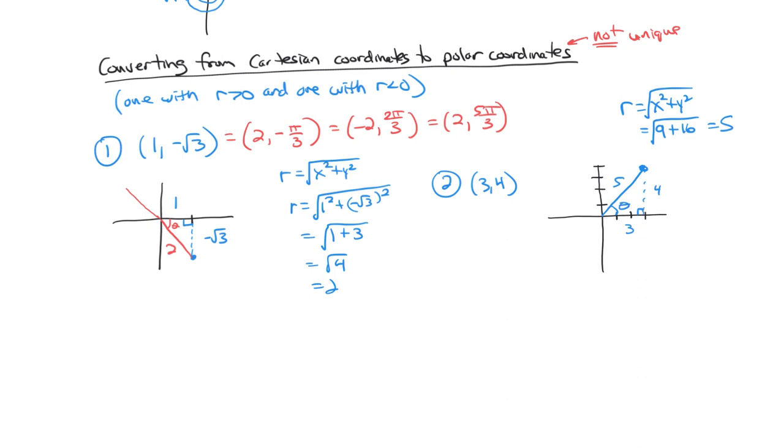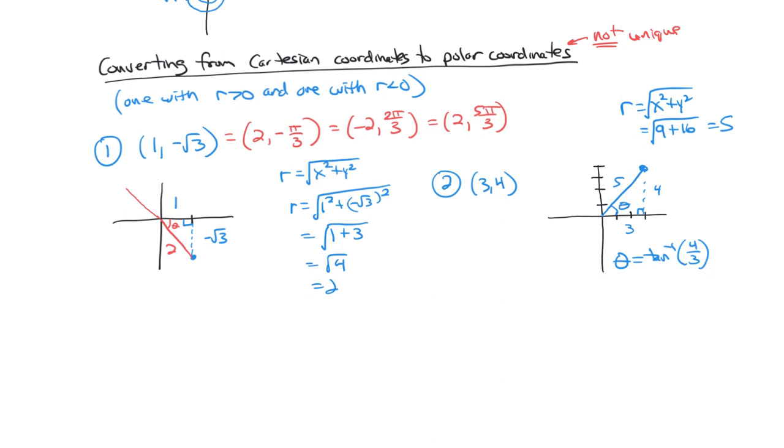So if we want the exact answer, we're going to have to do this. Theta, in this case, looking at this, is just going to be the inverse tangent of 4/3. That's the exact answer. If I put it in the calculator and get a decimal approximation, it's just going to be kind of a messy looking answer.